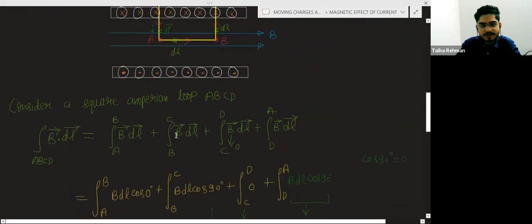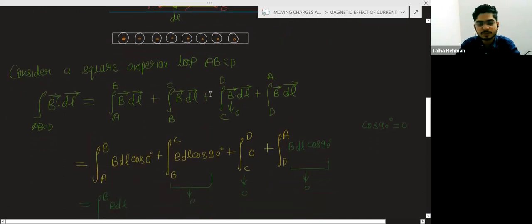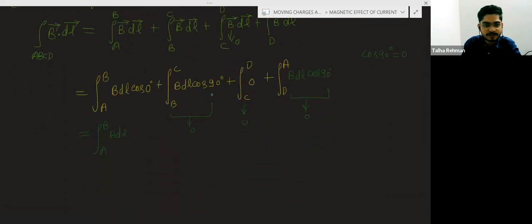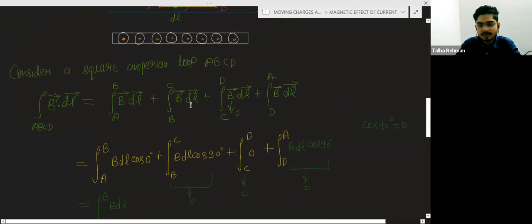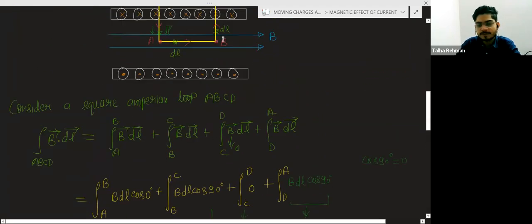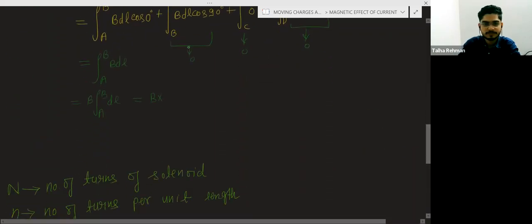And this magnetic field B in the central region is constant, so we can take this magnetic field outside. Now it will become B into the integral of DL from A to B, which will become the length AB.